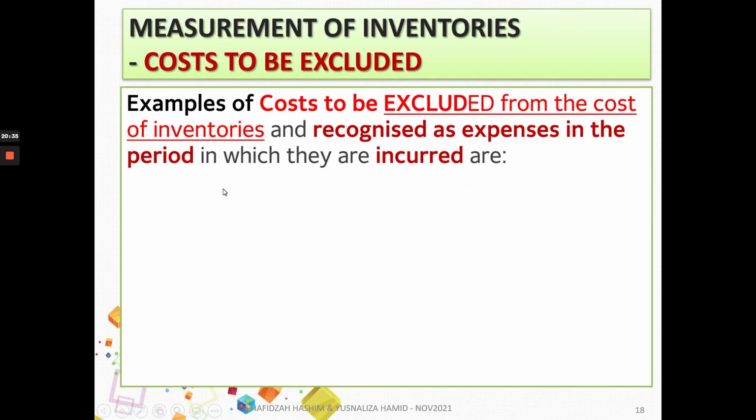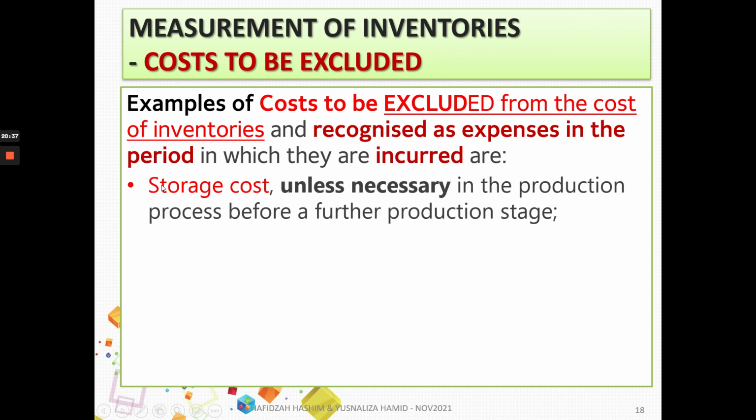Storage costs. So you have a storeroom, for example, used to hold the inventories that you have produced, right? And if this is the storage cost after the production process, this storage cost is to be expensed.